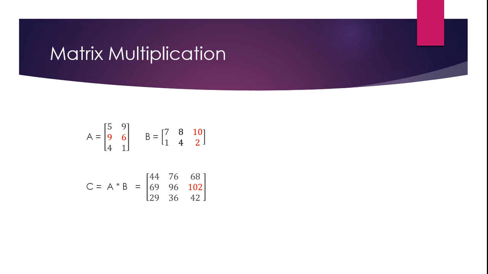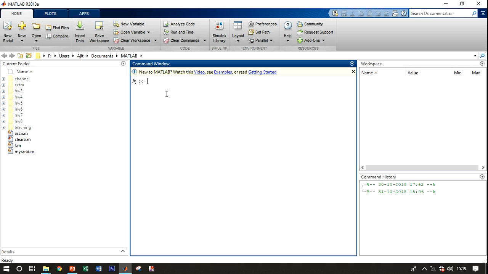Now multiply the corresponding terms of A and B and add them. So 9 multiplied by 10 and 6 multiplied by 2, and when I add both of them you get the answer 102. Now let's see a few examples in MATLAB.